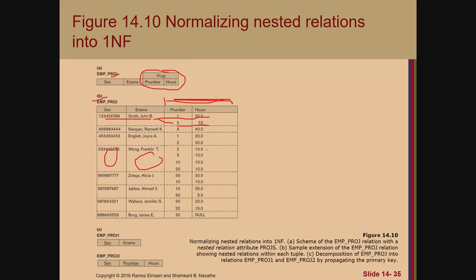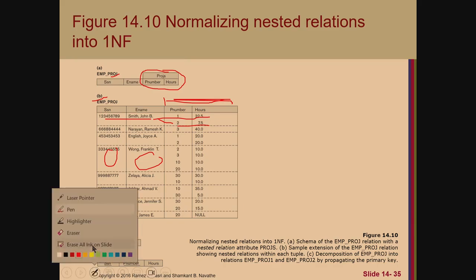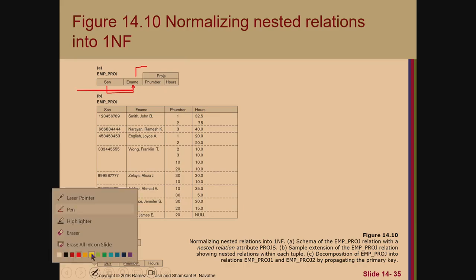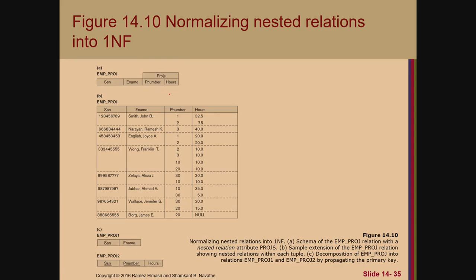How to change it is very simple. You just separate the nest into a new table, and also bring the key to the nest. So actually, when we have functional dependencies, we have to write down the functional dependencies.